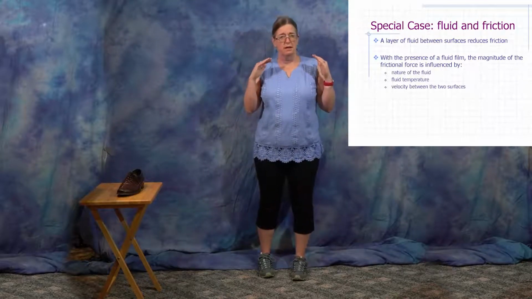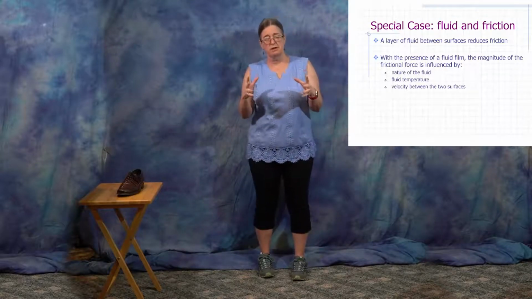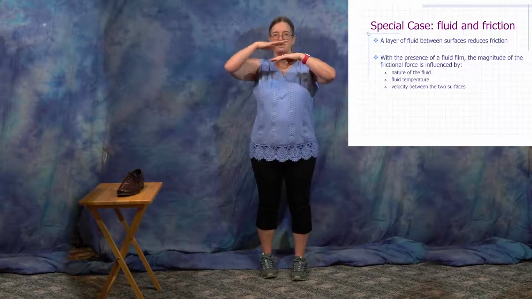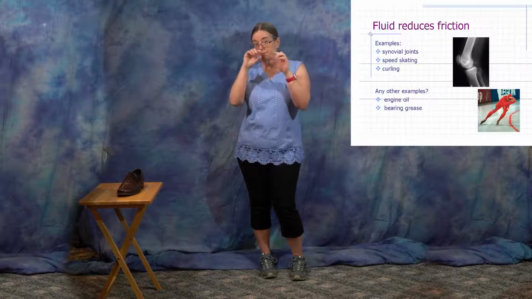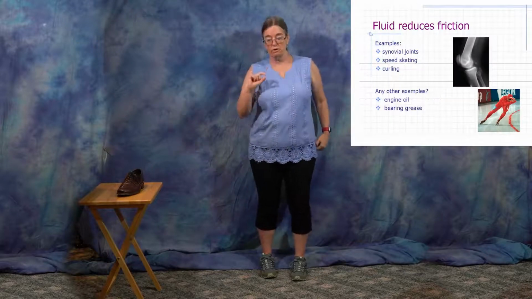And the actual velocity between the surfaces. We won't go into the mechanics of this because it's really not important for biomechanics, but you can sort of picture that as two surfaces are moving faster with respect to each other, one surface can kind of lift away from the other surface and stay on top, which is when it makes the smallest coefficient of friction.